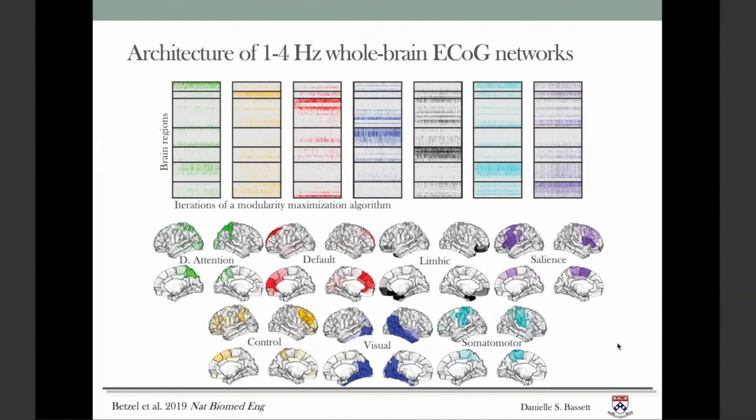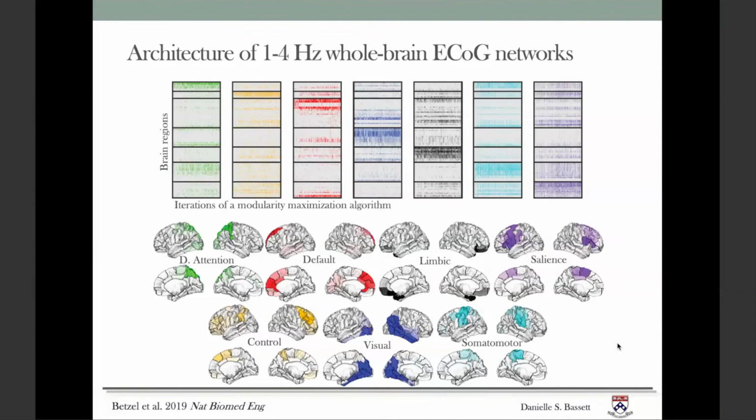And what you're seeing here is an index vector, which says across all of those iterations, these are the regions that are located in one community. And we apply a clustering algorithm to that whole set to identify each of these different clusters. On the bottom here, if you take all of those regions that are highlighted in green here with some probability, so averaging across the x-axis, then you come up with this surface visualization.